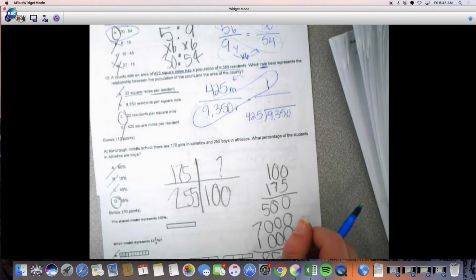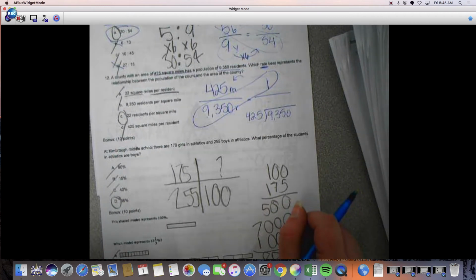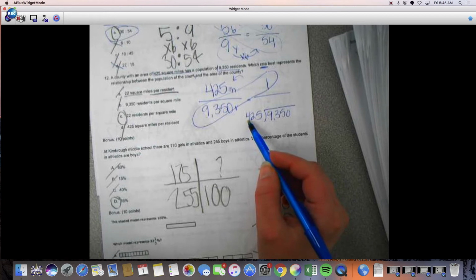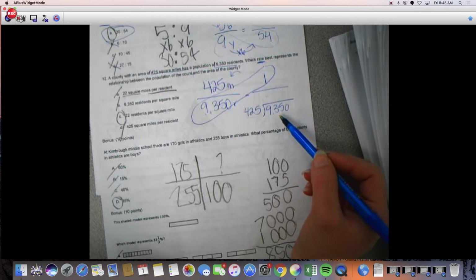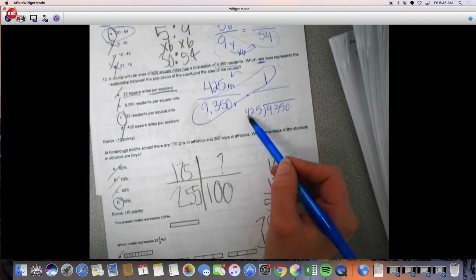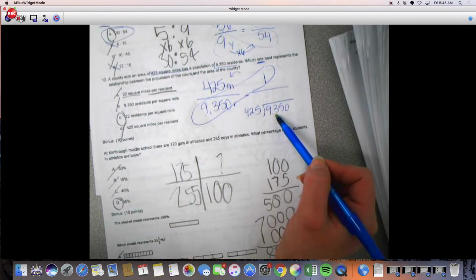Okay? And y'all, here's the deal. We can do some process of elimination here. If I multiply 425 times 22, do you think I might get 9,350? Yes. It's a small number. If I multiply 425 times 9,350, is that going to give me 9,350?